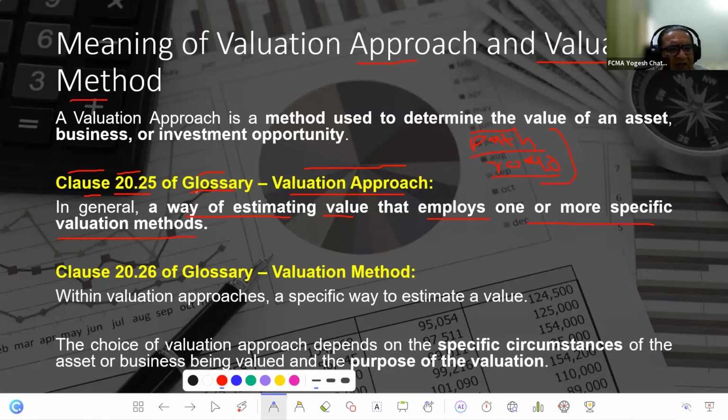So a valuation approach is nothing but a way of estimating a value that will employ one or more specific valuation methods. If I just give one example, supposing a person has met with a road accident and he has broken his leg, so there is a fracture in his knee joint.